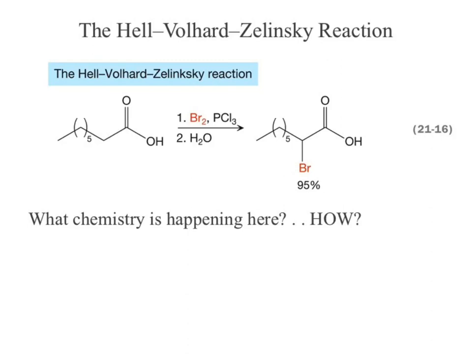Yay, sort of new stuff. Officially not sort of new stuff, because we've also talked about this one. Br2 in the presence of PCl3 and H2O. Interesting result. We get, fascinatingly enough, a 95% yield with the bromine being located there.